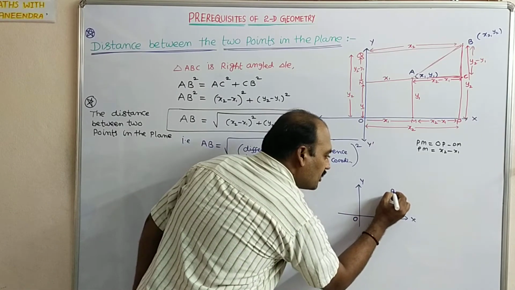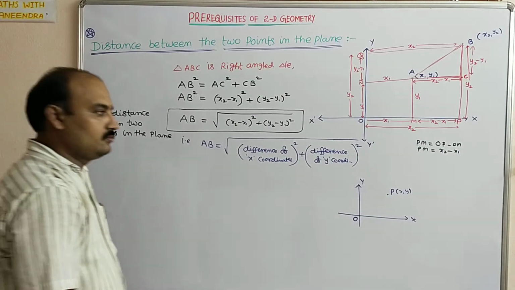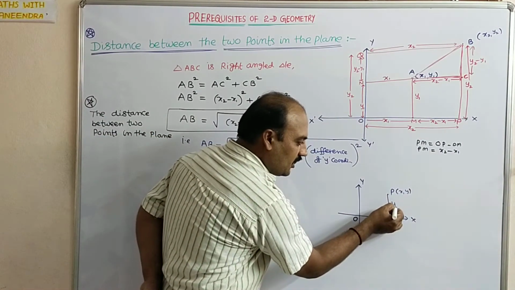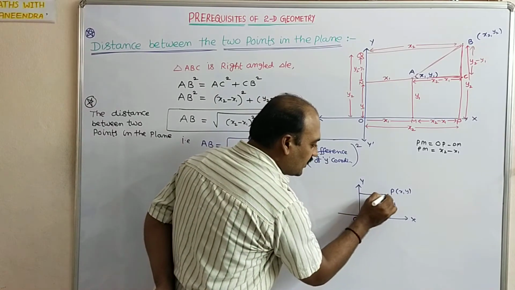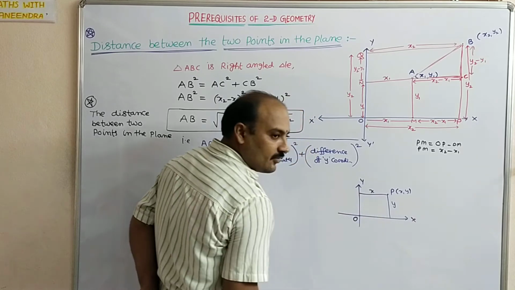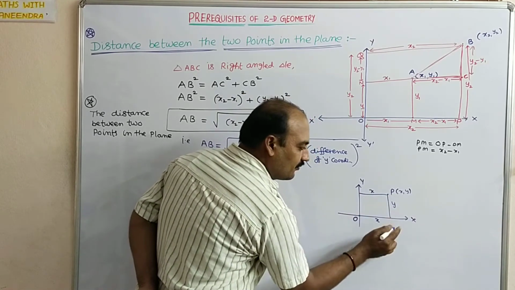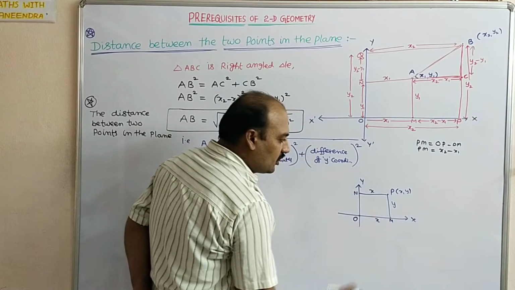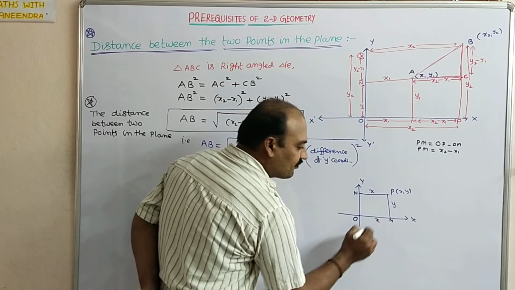Here I am taking the point P of x comma y. The distance from point P to the x-axis is y or mod y. The distance from point P to the y-axis is x. So obviously from here to here is also x, because these two are equal. So take M here and N here. ON is also equal to y and PN is equal to OM.